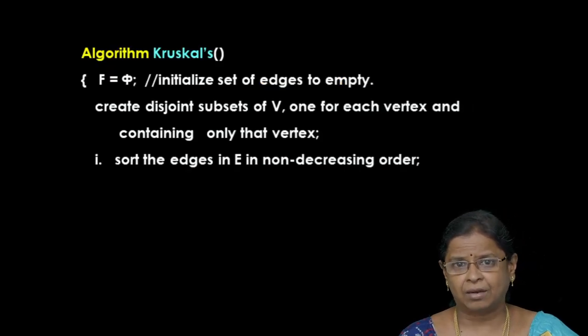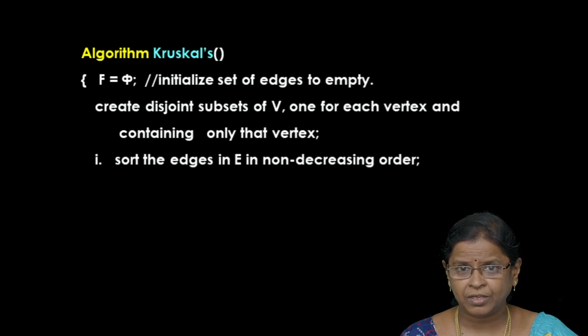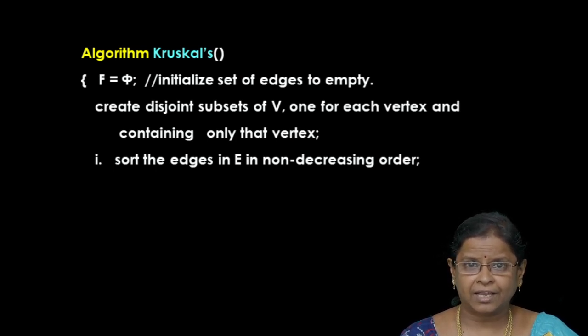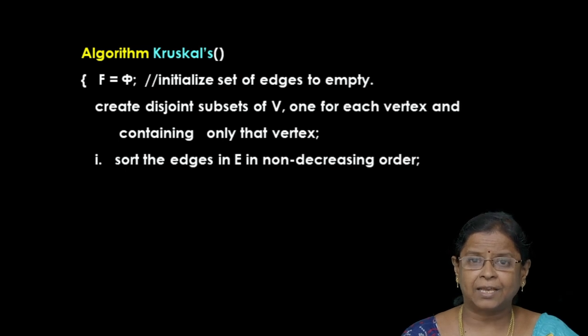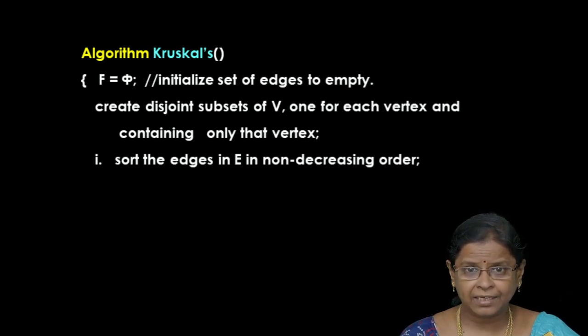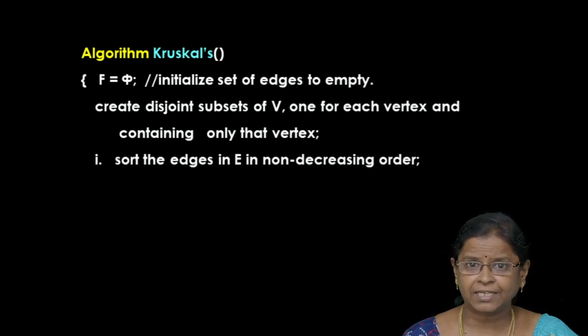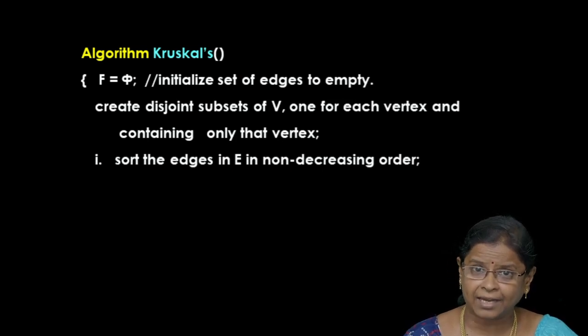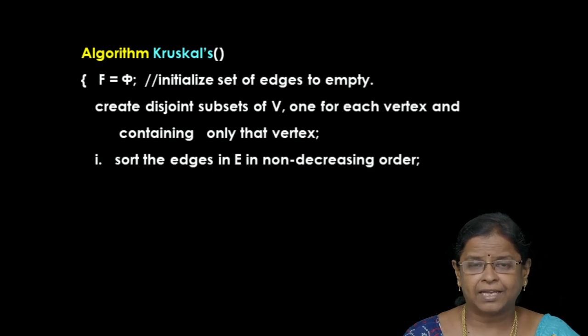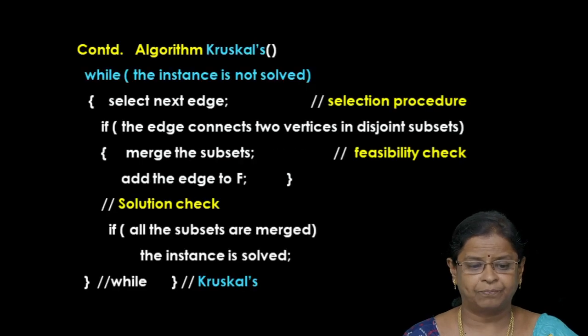Now we will see about the high-level algorithm for the Kruskal's procedure. Initially, the set F is treated as a null set, and then create n disjoint subsets, one for each vertex and containing only that vertex. Sort the edges in non-decreasing order of weight by using any of the sorting procedure.